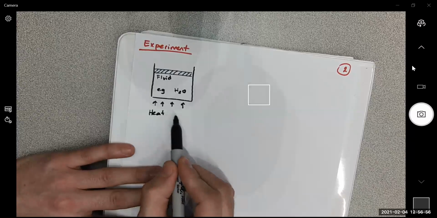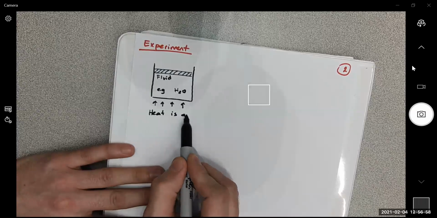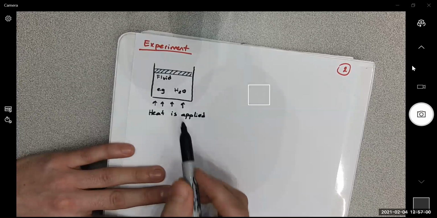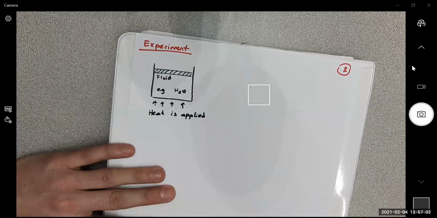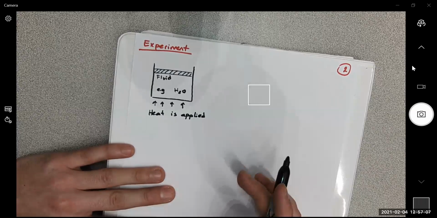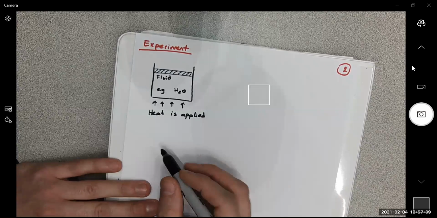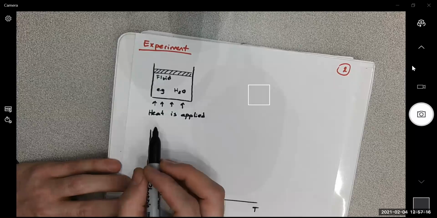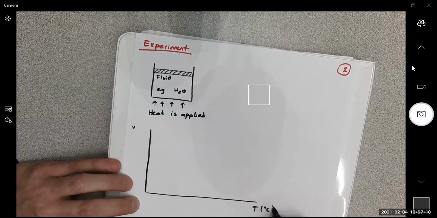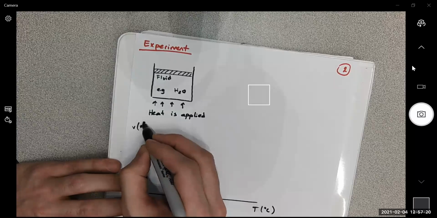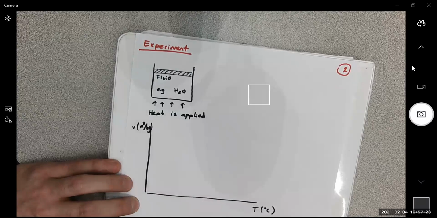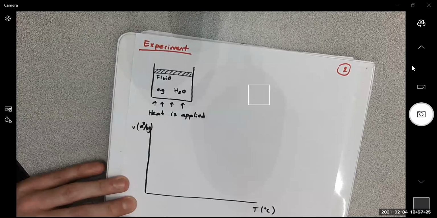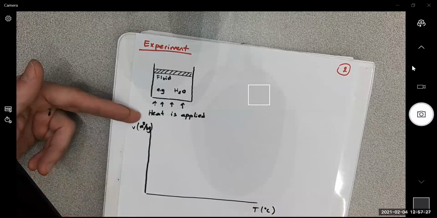Heat is applied externally. It changes the phase of the water. And we apply heat gradually. Temperature versus specific volume. What happens when I apply heat?